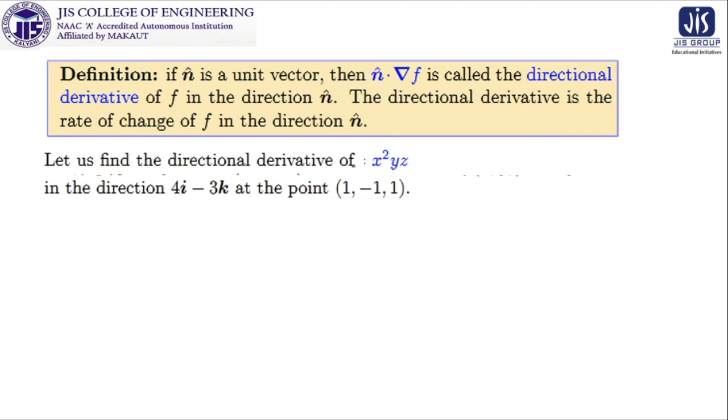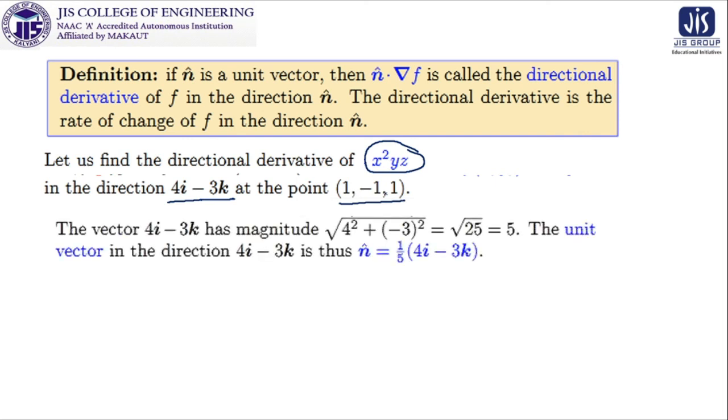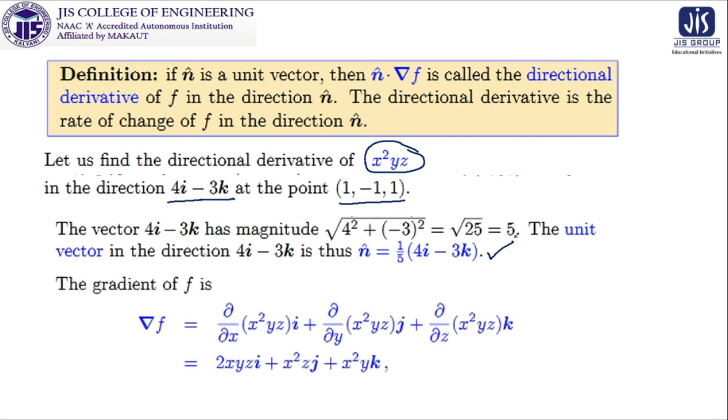So if we have to find out the directional derivative of x square yz, so it is our f. What is the direction? Direction is 4i minus 3k. So we have to find out the unit vector in this direction. And at which point are we trying to find it? 1, minus 1, 1. So first of all, we are finding the unit vector n, in the direction 4i minus 3k, and it is already achieved. And then we are finding the gradient del f, following the process we adopted in the last problems.